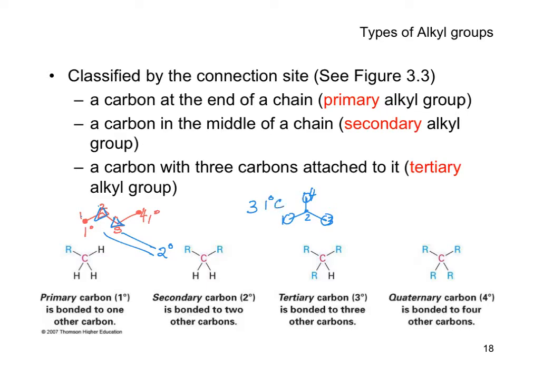We write that as 1 degree. And carbon number 2 has actually 3 neighbors. So we are going to call that a tertiary carbon atom. And likewise, if you were to look at a carbon center which has all neighbors which are carbon atoms, we are going to call that particular carbon a quaternary center.